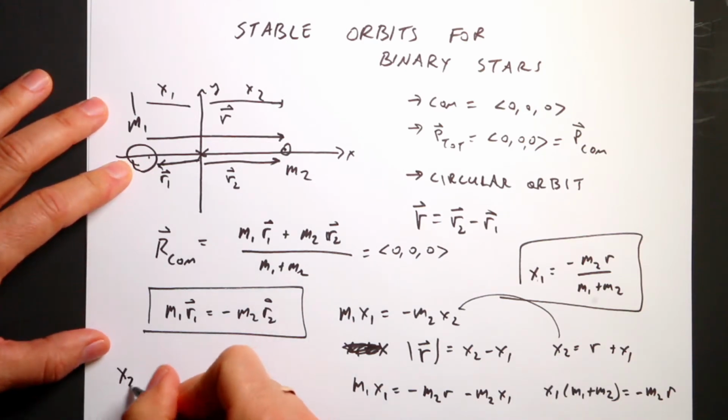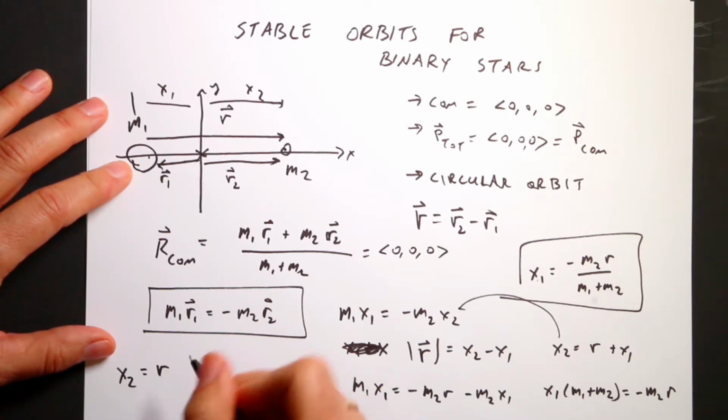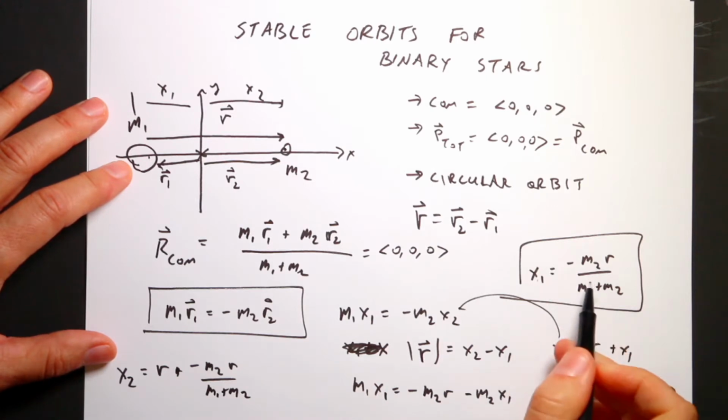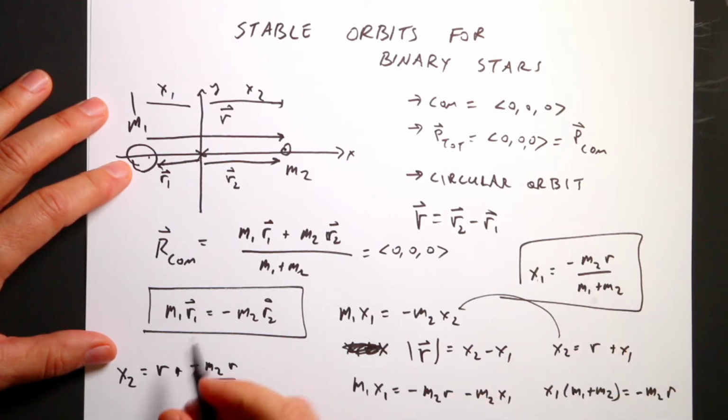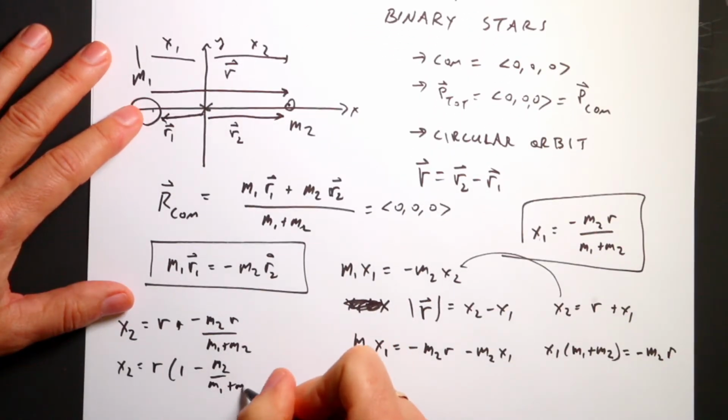So x2 equals r, which is a known value, I pick that, plus negative m2 r over m1 plus m2, which is this. And you can actually factor out the r if you want to. So let's say x2 equals r times 1 minus m2 over m1 plus m2.